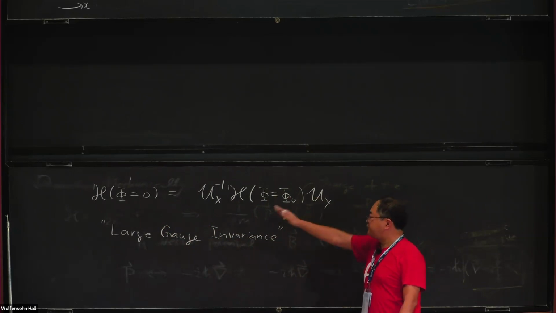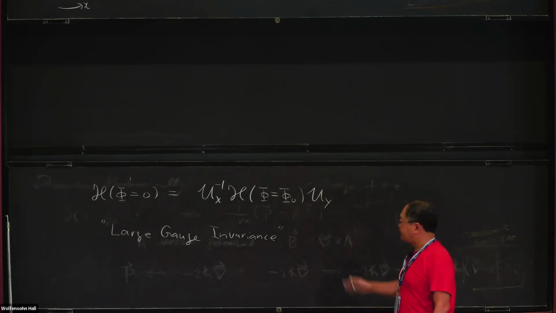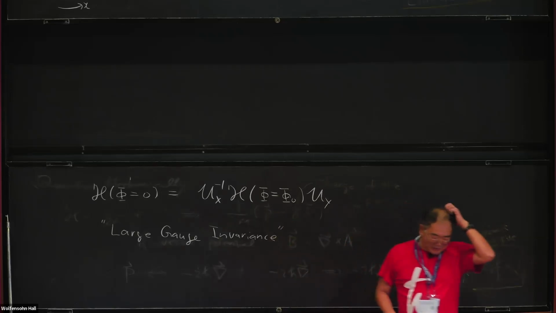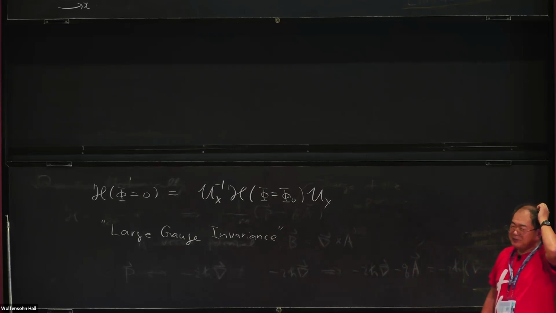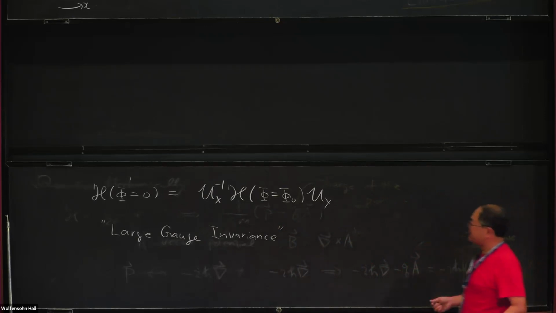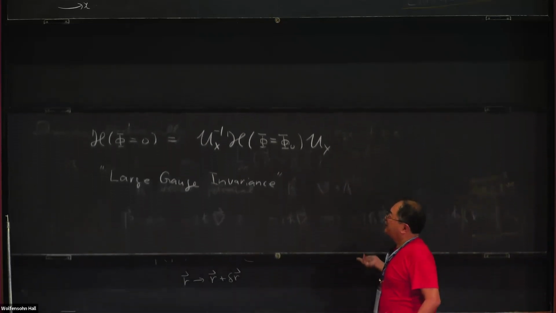So these two Hamiltonians are related by a gauge transformation, but a topologically non-trivial gauge transformation, which is called large gauge transformation, which may not be the best name. It's not large versus small; it's more like topologically non-trivial versus topologically trivial. But anyway, that became the standard name, so I just follow the standard terminology.